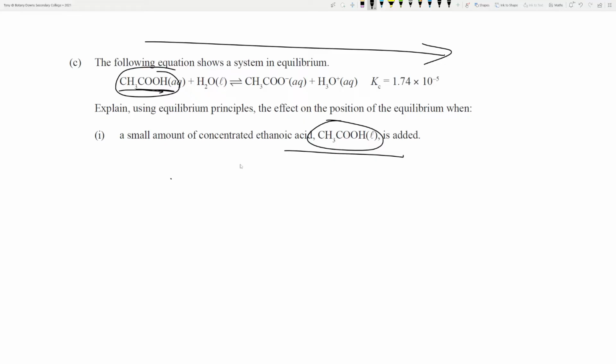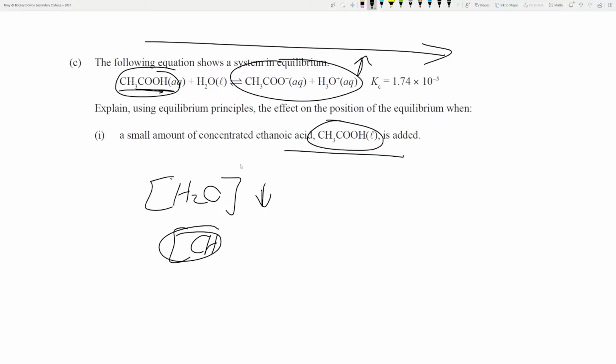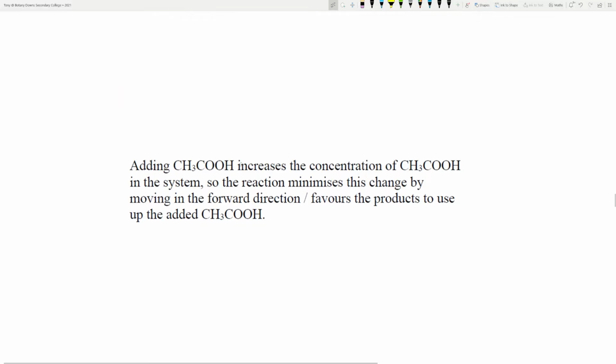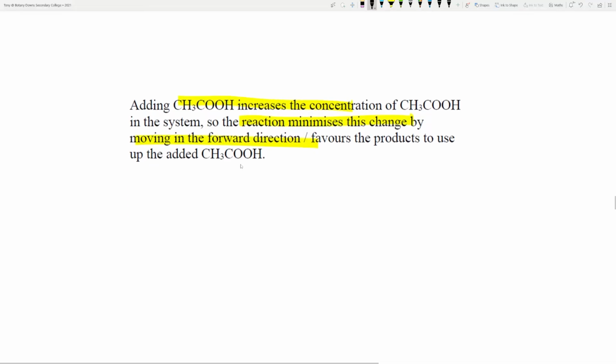As a result, the concentration of the H2O would decrease, and the concentration of the things on the right-hand side would increase because you're shifting to the right. The system is no longer at equilibrium. It will minimize the change by favoring the forward reaction, producing lots of products.